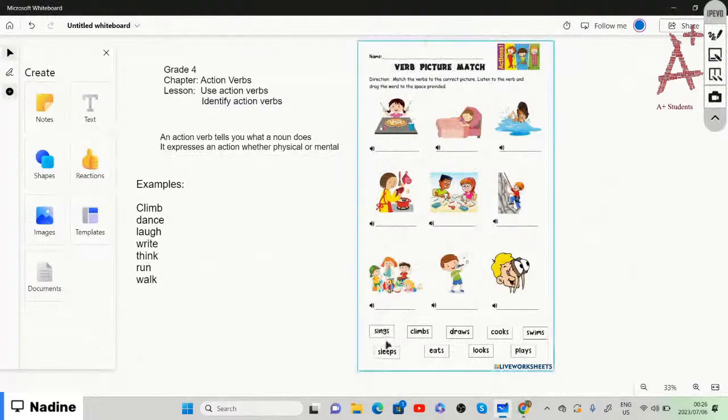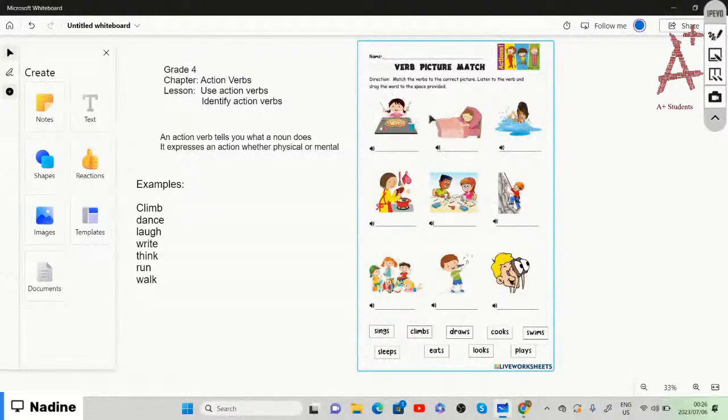So the verbs are sings, climbs, draws, cooks, swims, sleeps, eats, looks, and we have plays, right? So we need to choose one of these action verbs and write it under each of the correct pictures.